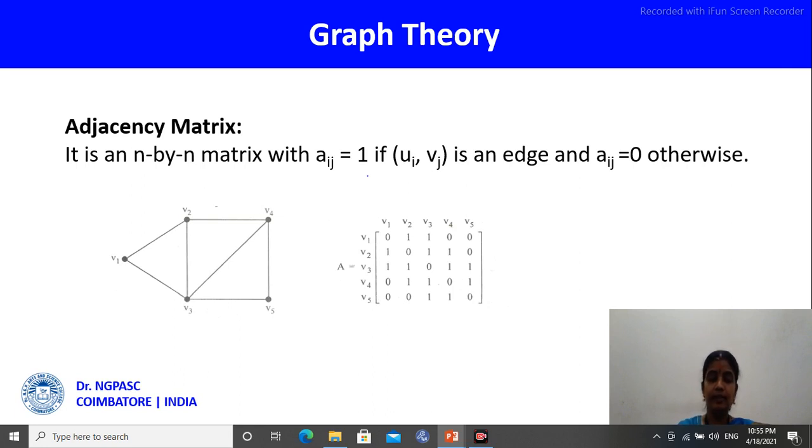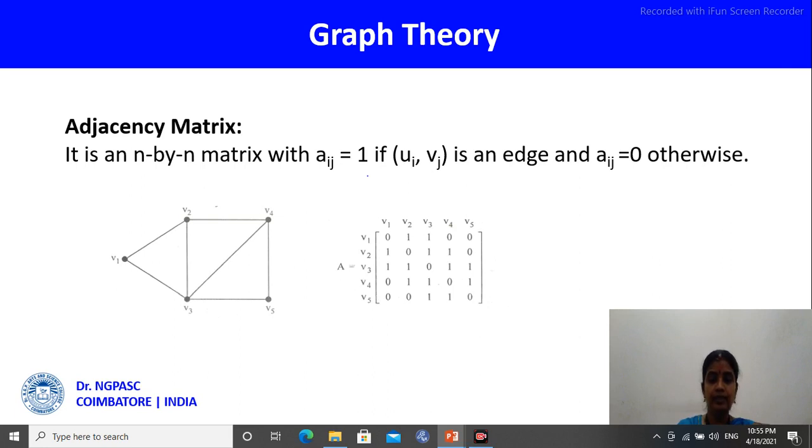In this example, V1 to V1 there is no loop, so the entry value is 0. Next, V2 to V2 is no loop, so 0. V1 to V2 there is one connection, so 1.